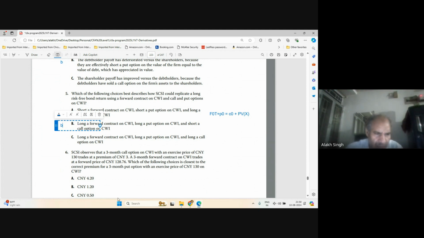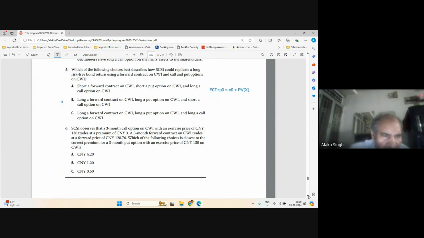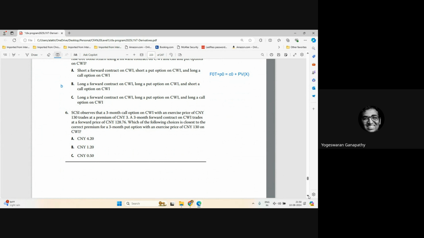Okay, so again, we will have to calculate something. An analyst observes a 3-month call option on CW with an exercise price of 130 trading at a premium of 3. A 3-month forward contract trades at a forward price of 128.76. Which of the following is closest to the correct premium of a 3-month put option with an exercise price of 130 on CW?